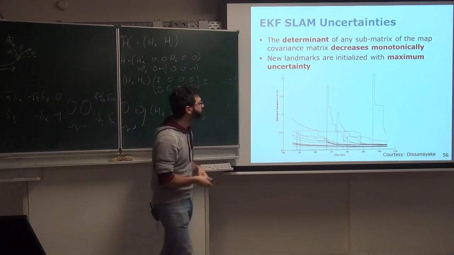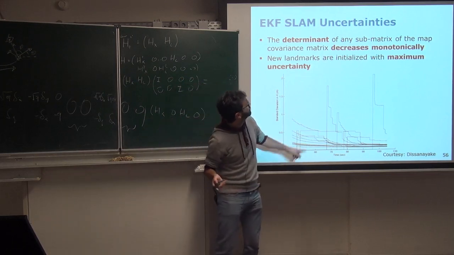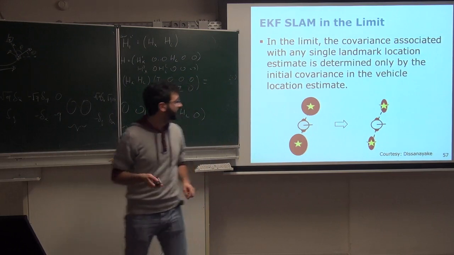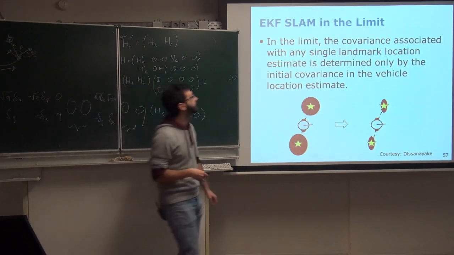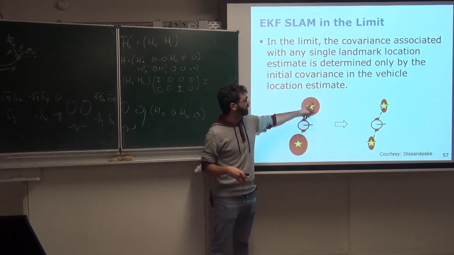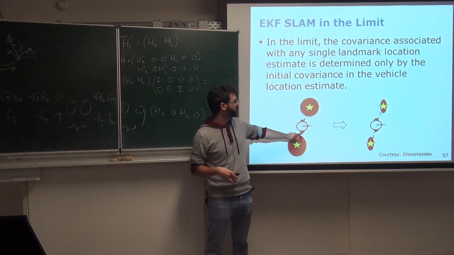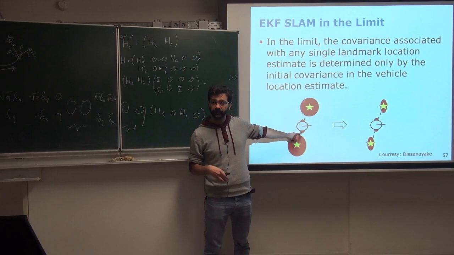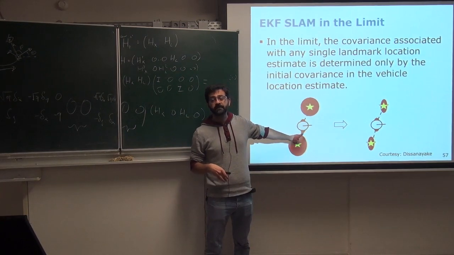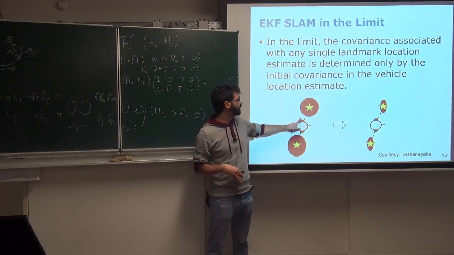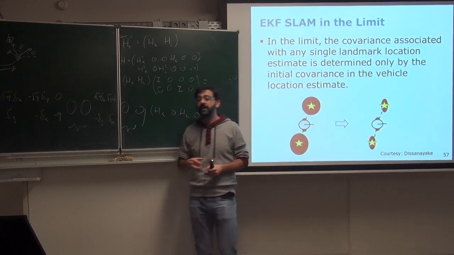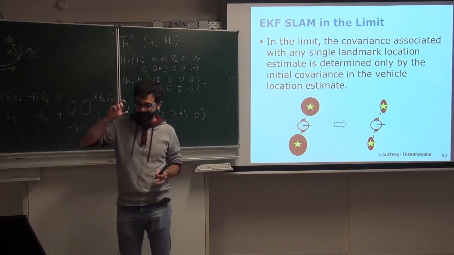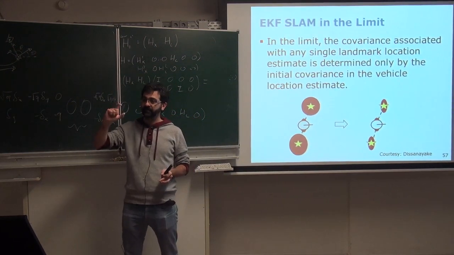The other interesting aspect is that in the limit, the covariance of the landmarks cannot be better than the covariance of the robot. Okay? So this means not the covariance of the robot at the time where it's been observed, but the covariance of the robot at that position, even after the correction step.